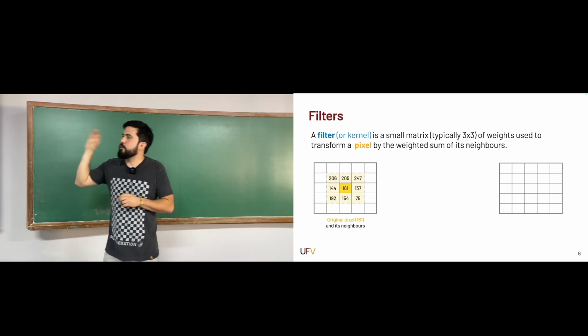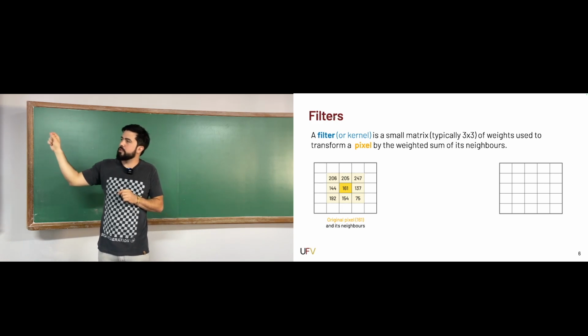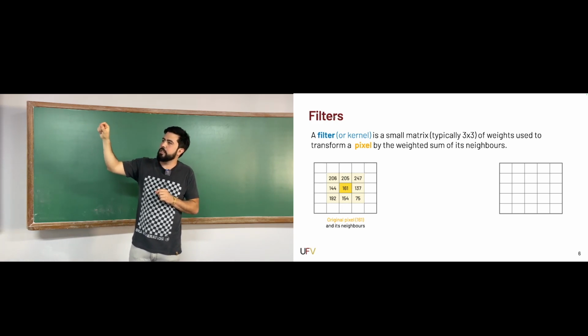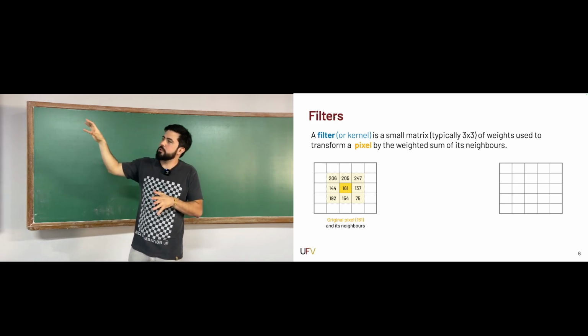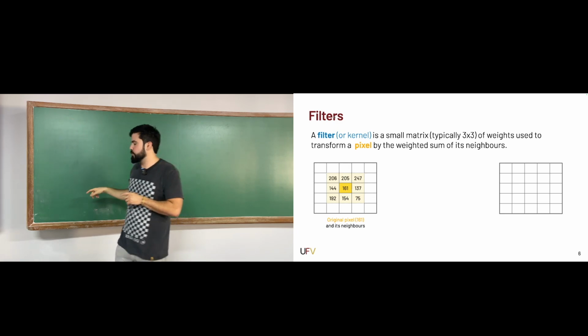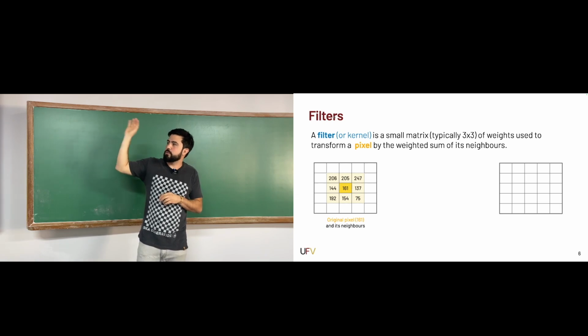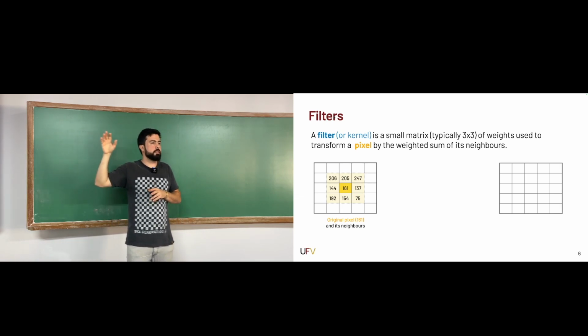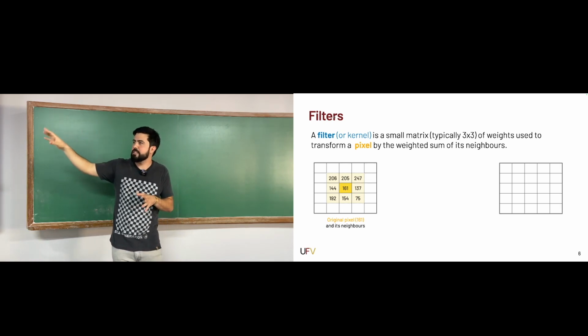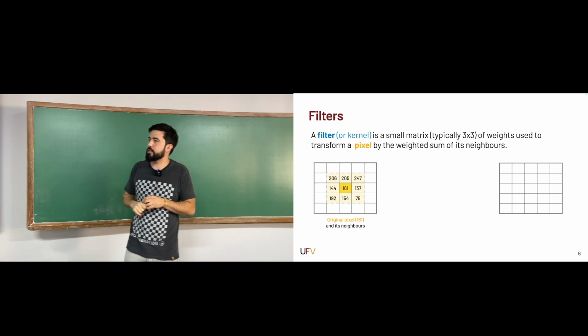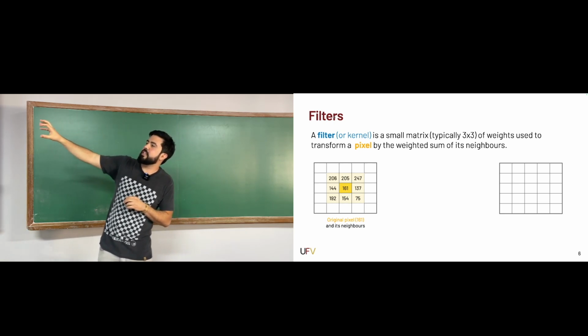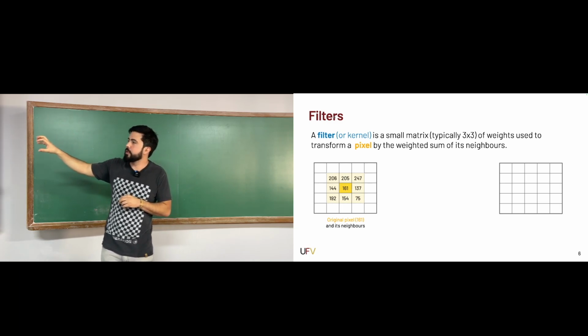So I'm focusing on that central pixel, 161, and the other pixels you see are colors, right? I'm assuming values from 0 to 255, okay? So 0 would be dark and 255 would be white. And this is just a black and white image for now, okay? So we have that central pixel and its neighbors.